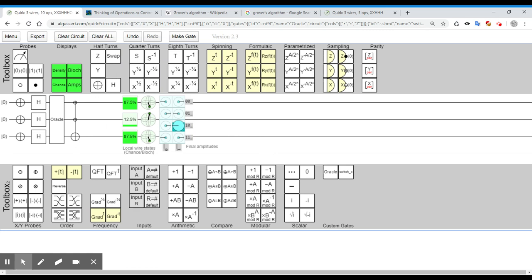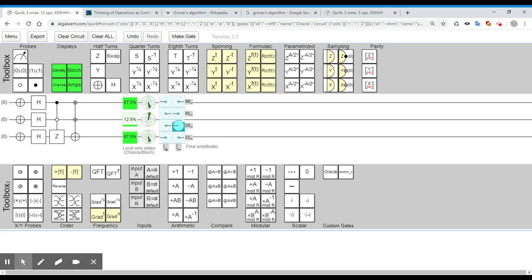But then my question is, what's the impact of this operation in the z-axis in that case? Because the oracle, basically, let's say it acts on the z-axis.